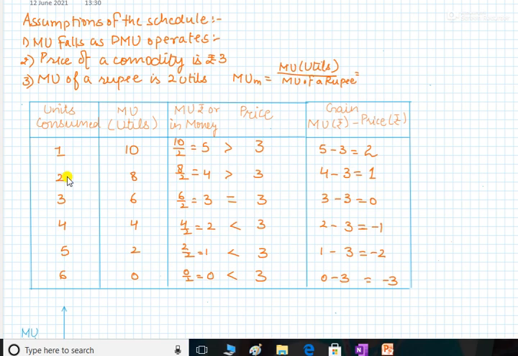So the marginal utility of money means, for rupees 3, total utility 10 divided by the marginal utility of a rupee, 2 utils, which is equal to 5. It means what he is paying is rupees 3 and what he thinks he is getting is equal to rupees 5.